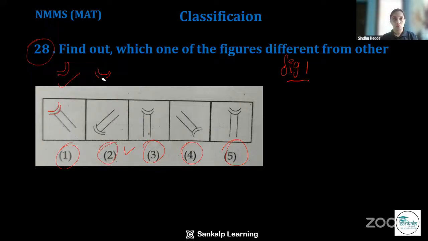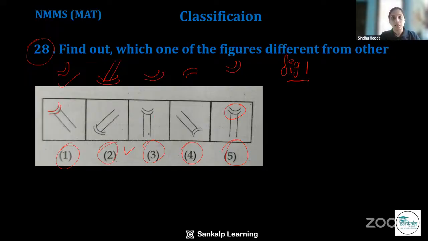So this one, not this one, faces like this. Then the third one is also similarly in this direction. Then the fourth one faces the direction like this, and the fifth one faces the direction like this. So all the images contain parallel lines, which is common. We have to find out the difference on the basis of the curved line only.